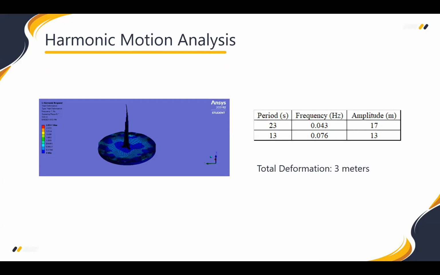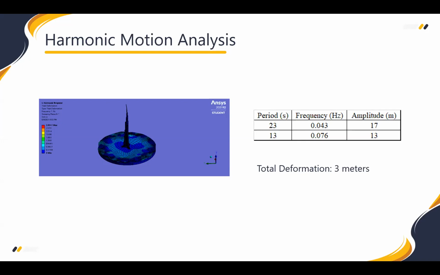When looking at the period equal to 23 seconds, the structure has a maximum response amplitude of 17 meters, and that also makes sense because the fundamental period of the structure with a pile foundation was approximately 17 seconds, and that value approaches the period of the harmonic motion. So in this situation, resonance occurs, and the structure has the maximum response.